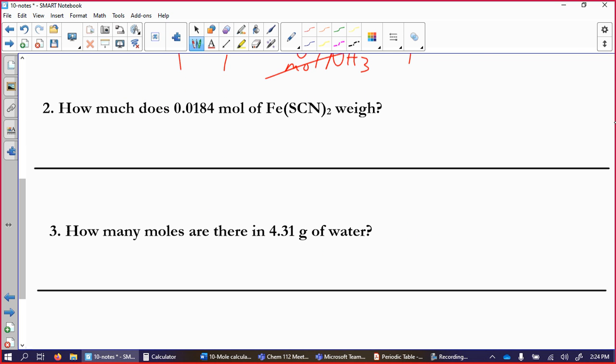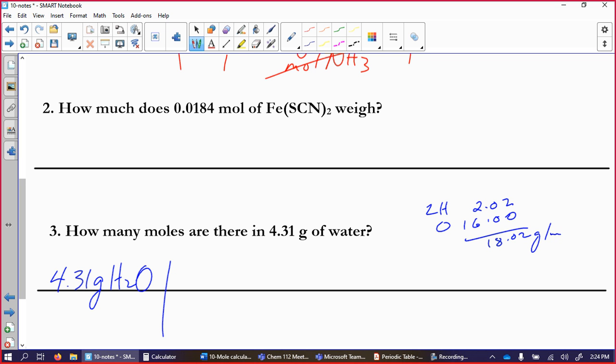So 4 milliliters of water. 2H is 2.02. This is another one that I'm just writing down even though I know it, 18 grams per mole. I have grams.